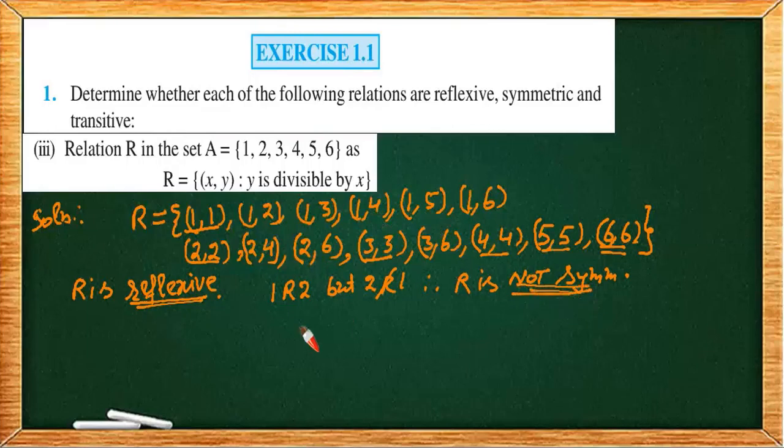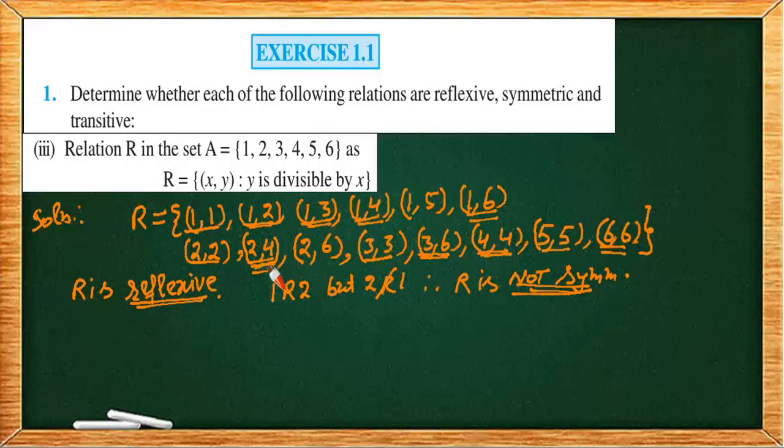Now we check for transitivity. Okay. So here 1 related to 3 and 3 related to 6, and 1 related to 6 here. Now 1 related to 2 and 2 related to 4. Then 1 is related to 4. Okay. Also you see 2 related to 4 and 4 related to 4.